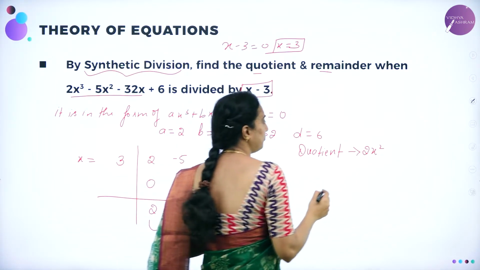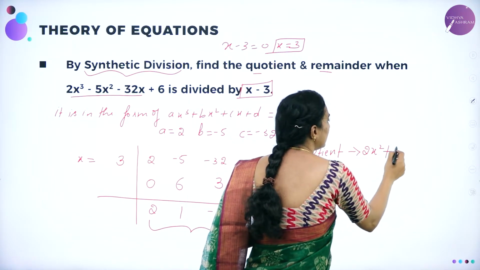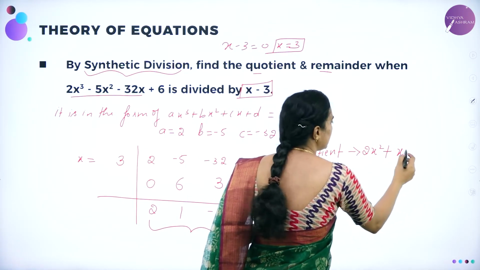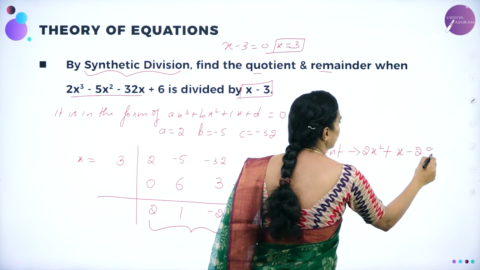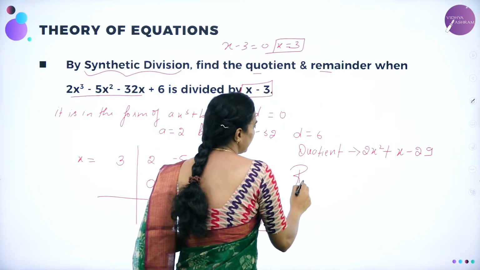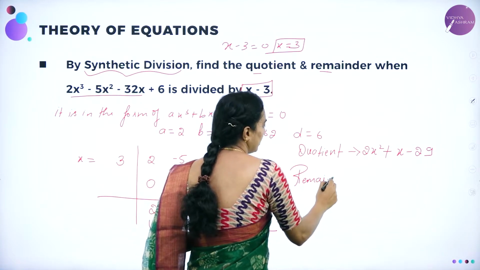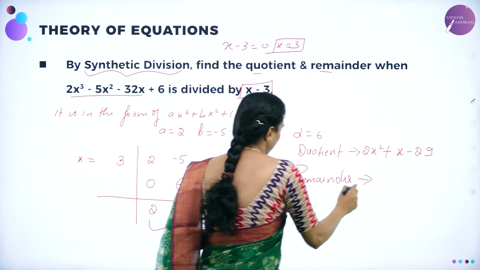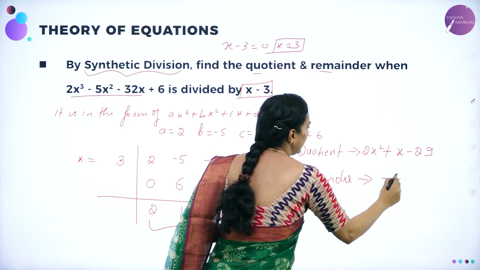Then coefficient of x, that is 1 into x, plus constant, you are going to get minus 29. This is the quotient. Now remainder is this one, which is minus 81.